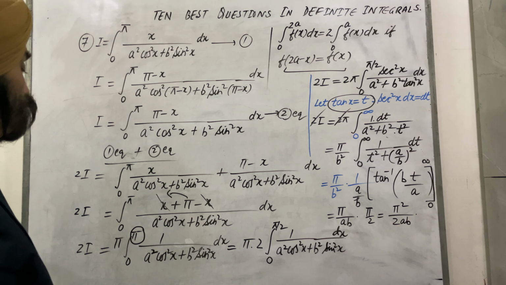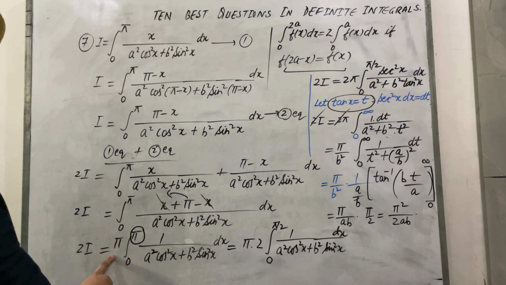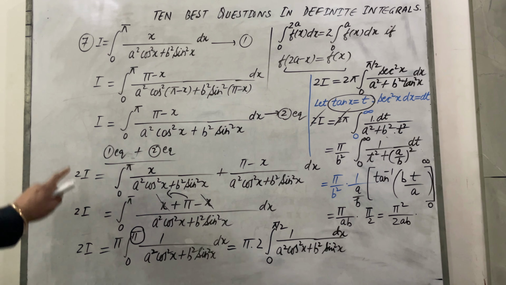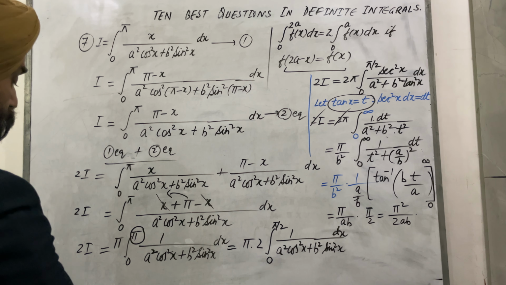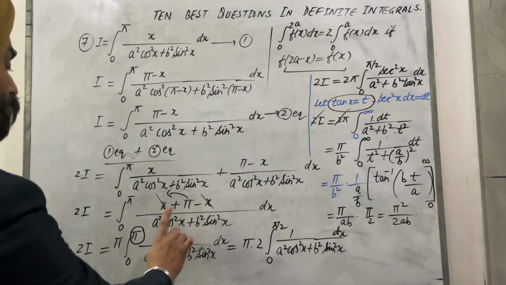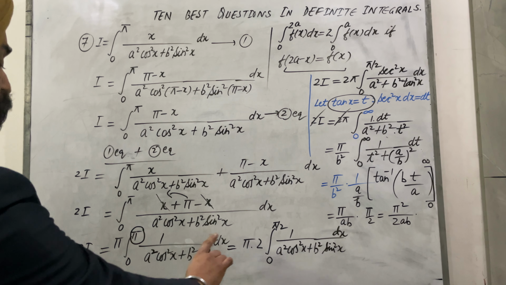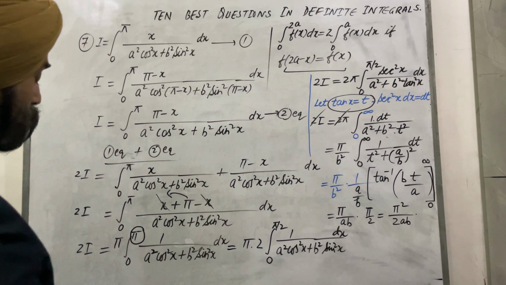We have shown the cancellation work also. This pi being constant, you can bring it outside, place it here. So you're now left with twice I on the left hand side, pi on the right hand side in product with the definite integral within the limits 0 to pi. 1 is left over here, 1 upon a square cos square x plus b square sin square x with respect to the variable x.